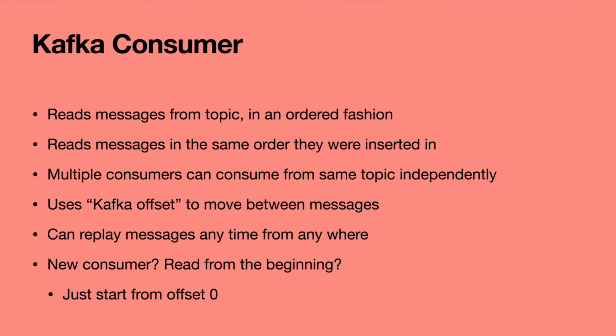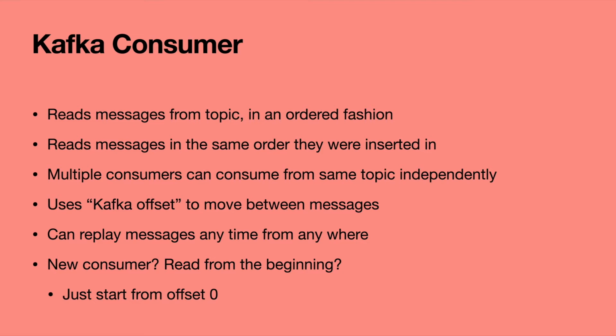Now let's look at the other end, which is a Kafka Consumer. A Kafka consumer is anything that is reading from a Kafka topic. The key thing to know about consuming Kafka messages is that you read messages from a topic in an ordered fashion. When you're reading the messages, you're going to be reading them in the same order that they were inserted.